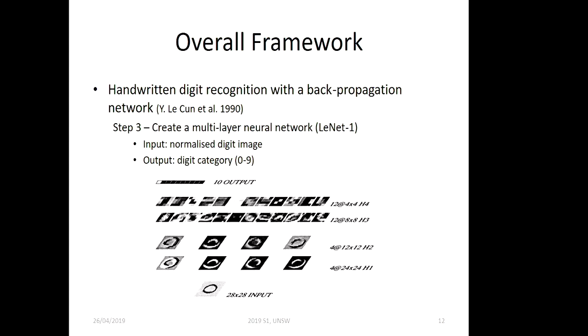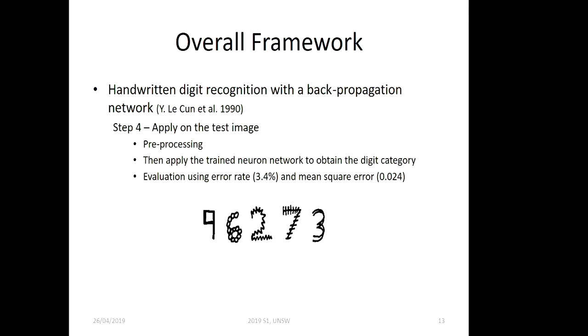It's a pretty simple idea, but it does work really well on this kind of images. Once you train this network, you can get an error rate of 3.4%.